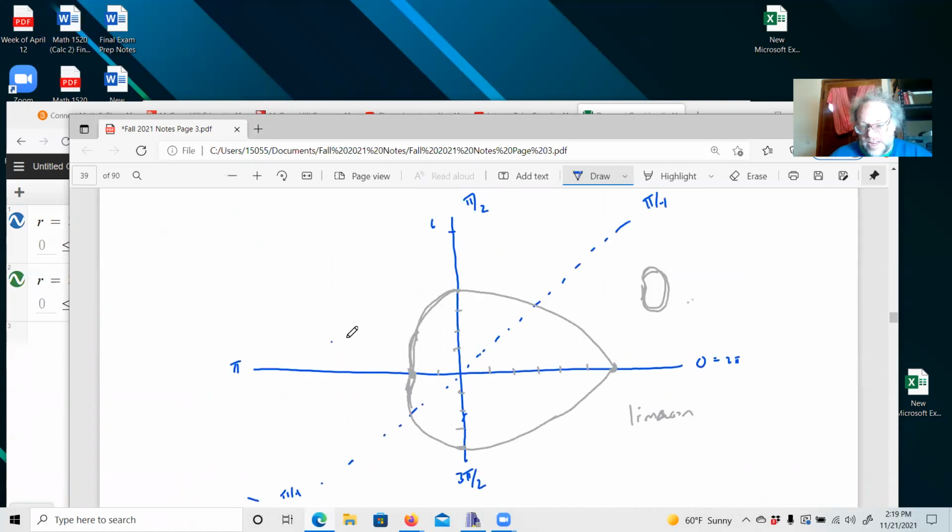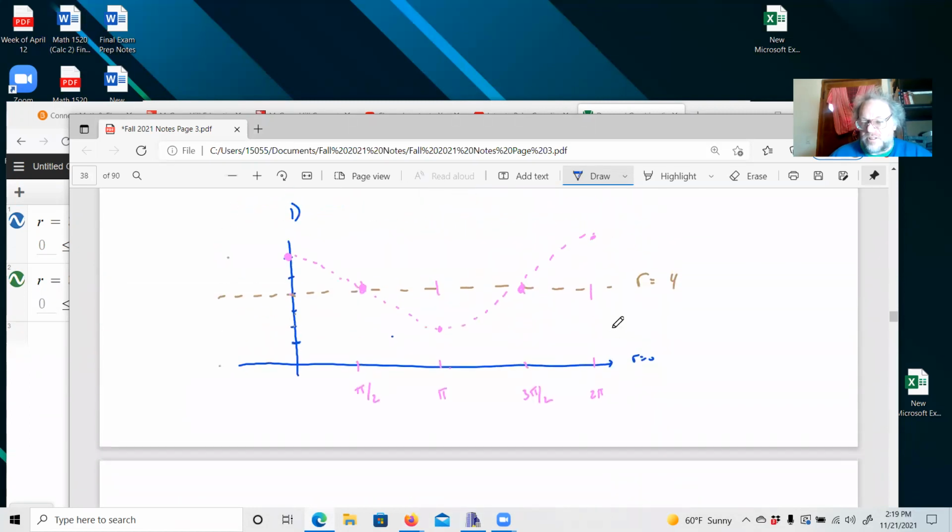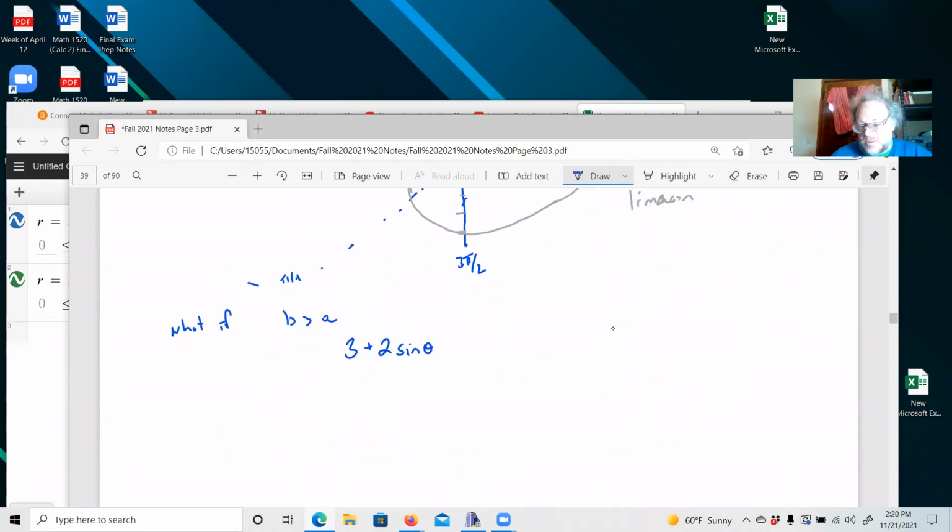We did a cosine for the second one, we did a sine for the first and the third one. But effectively you want to say A plus or minus B sine theta or cosine theta, and pick your A and your B depending on what you want. Then try to graph it, test it in Desmos to see if it's getting the right answer, and then you can practice. Sorry, I had to sneeze.